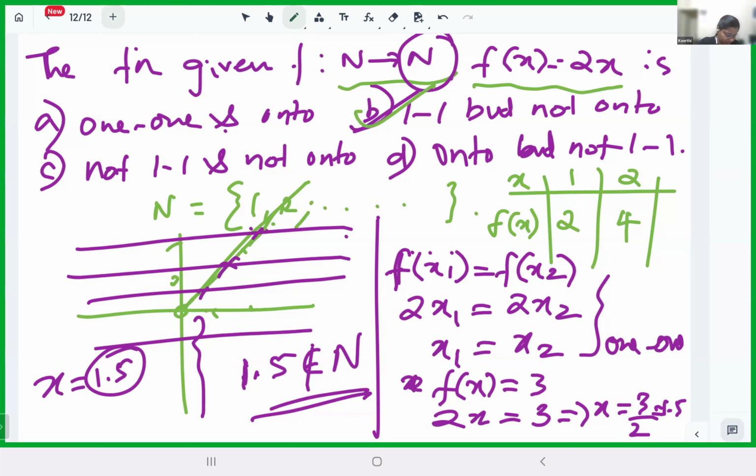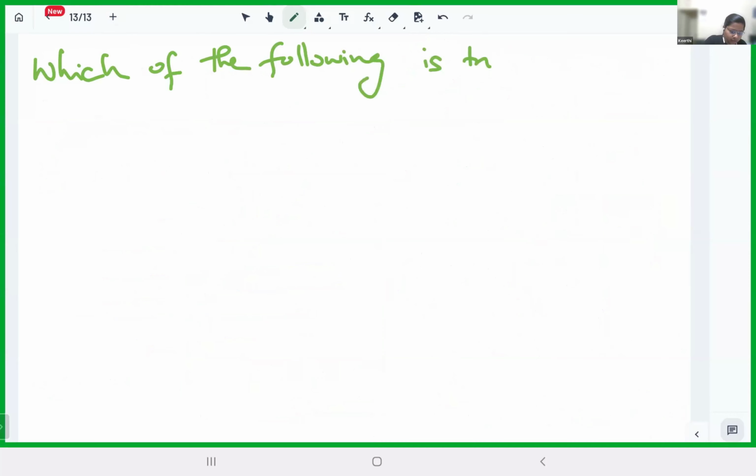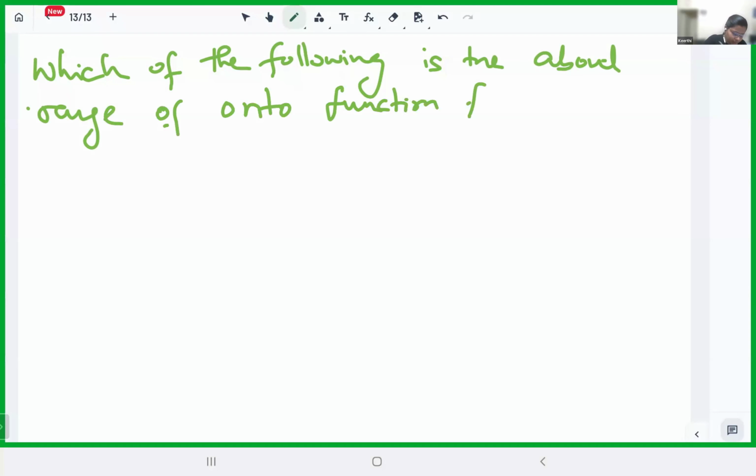Now we are moving on to the next question. Which of the following is true about the range of an onto function f from X to Y?